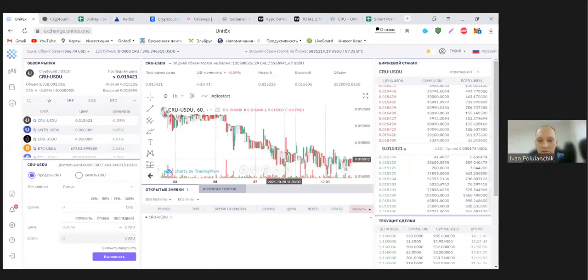And there is this jump on the 28th of October, 1 week ago. What does this mean? There was an interesting transaction.